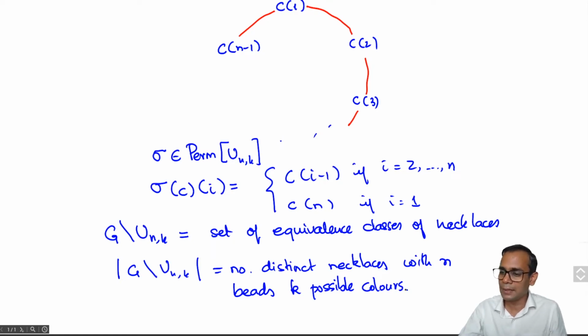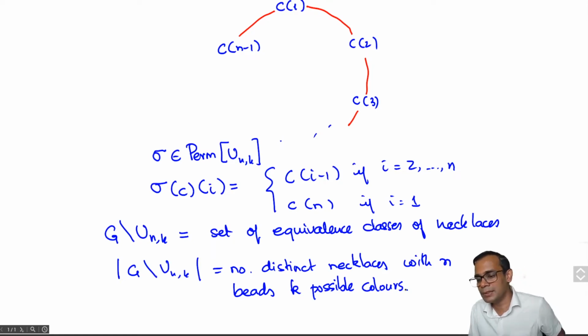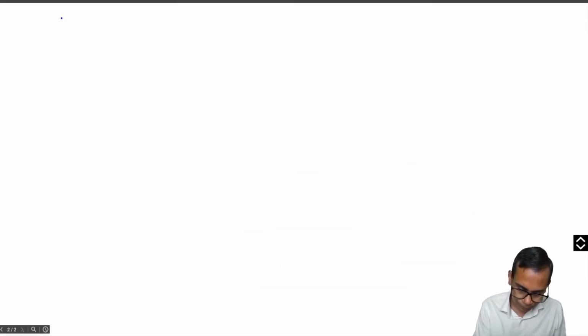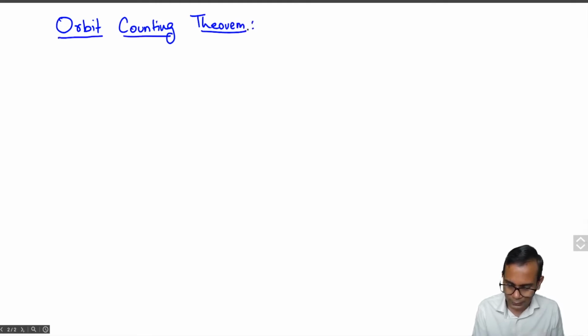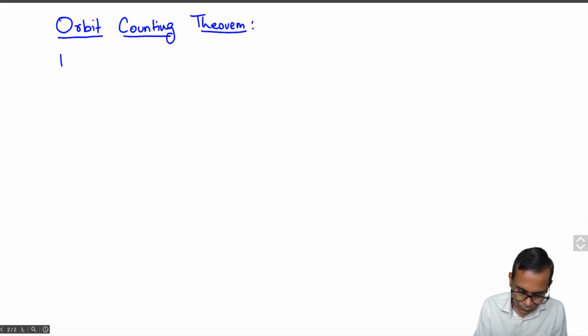And there's a formula for this, which is called the orbit counting theorem. This theorem is commonly known as Burnside's lemma, but that name is controversial because some people say Burnside wasn't the original discoverer of this theorem. So here's the theorem.